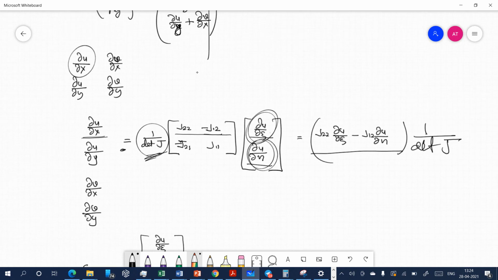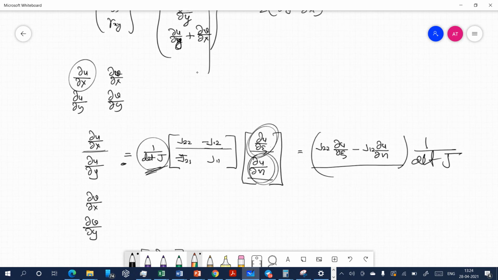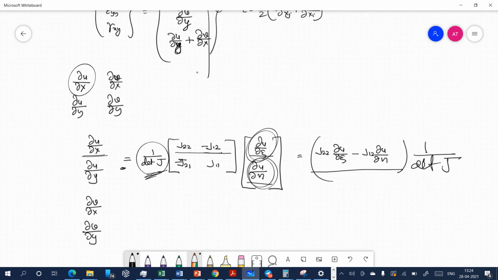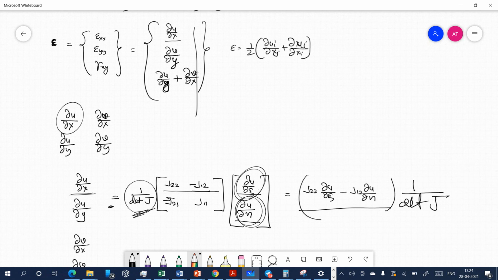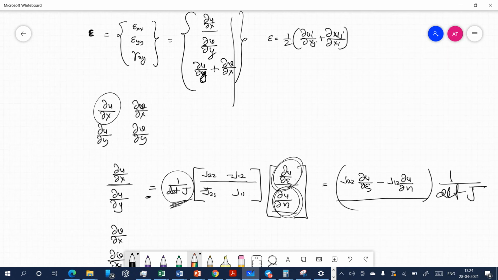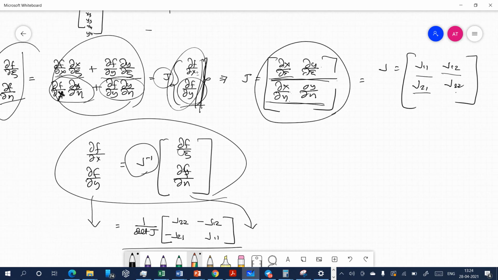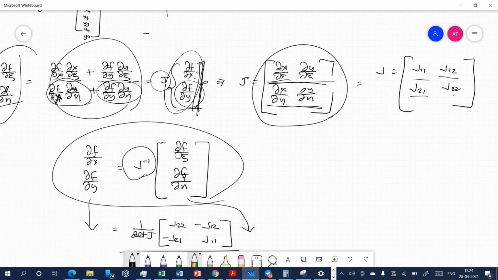Jacobian matrix I have to form as, so this is J inverse. So first I need to have J matrix, which is this. J matrix is del x by del zeta, del y by del zeta, del x by del eta, del y by del eta.